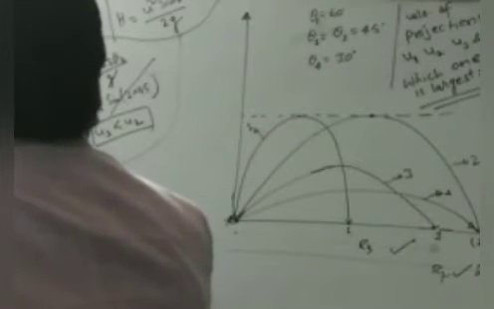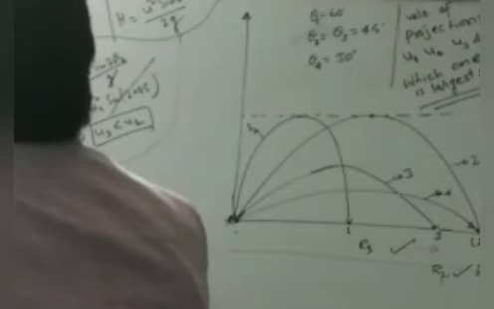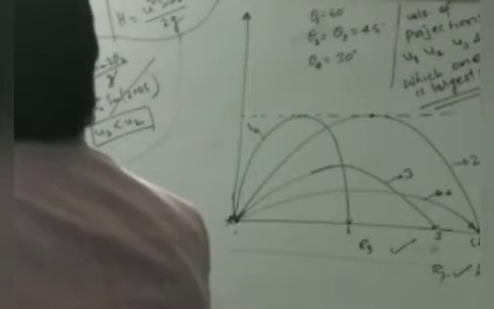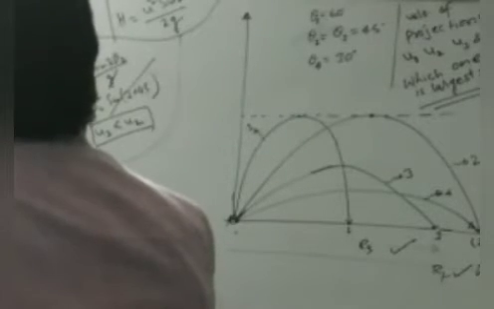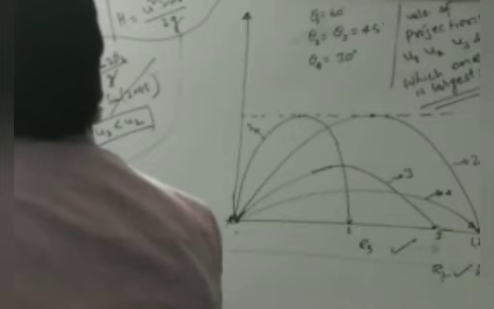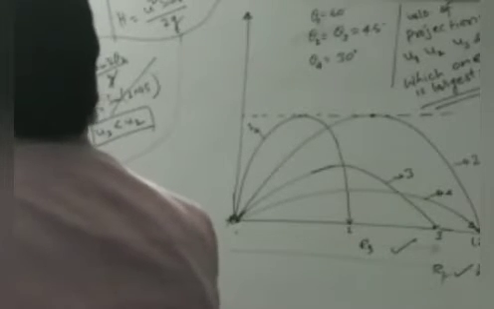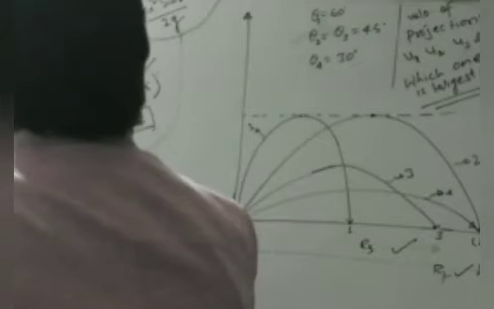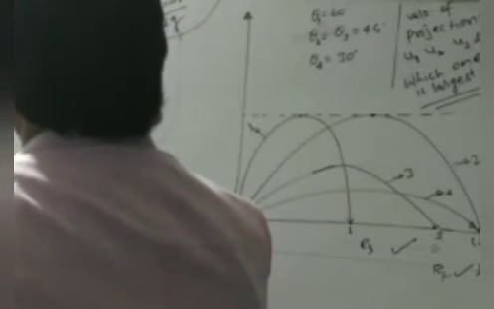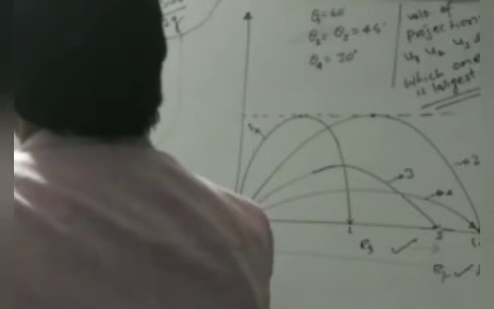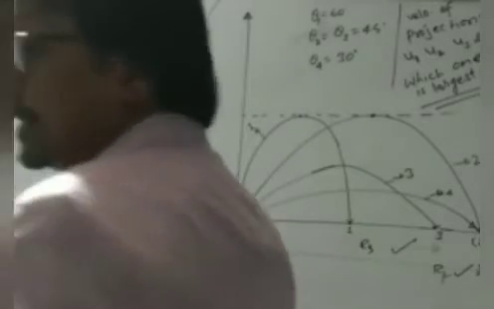Okay dear, so R2 is equal to R4. R2 is basically u2 square sine 2 theta 2 by g, and R4 is basically u4 square sine 2 theta 4 by g. g and g will again cancel out.